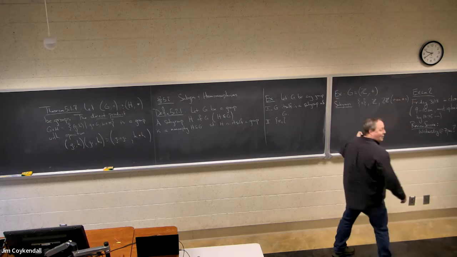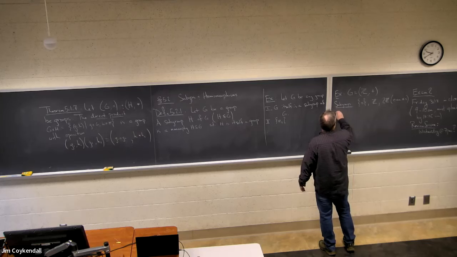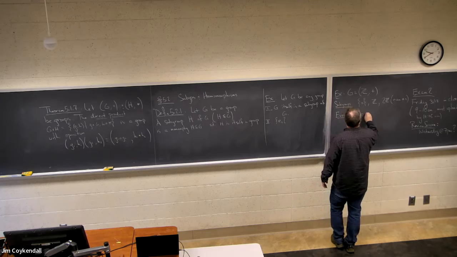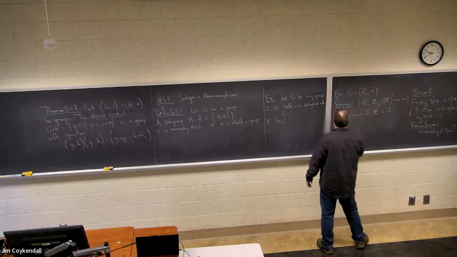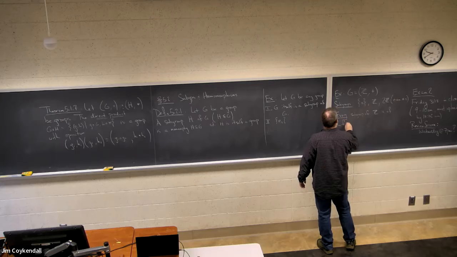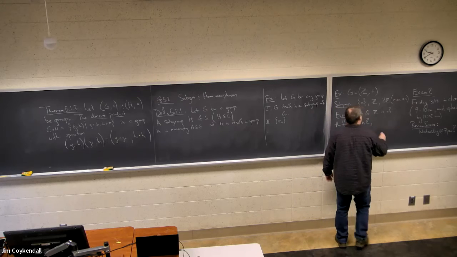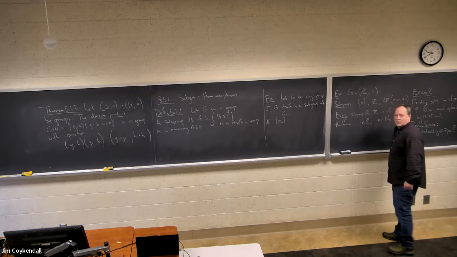In fact, I will parameterize them. I'll list them all. Every subgroup of the form nZ in Z, where n is a natural number or 0.